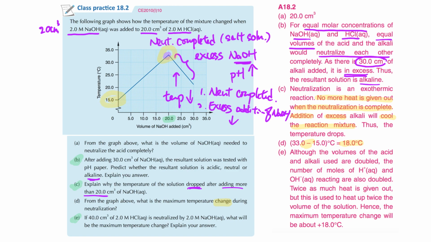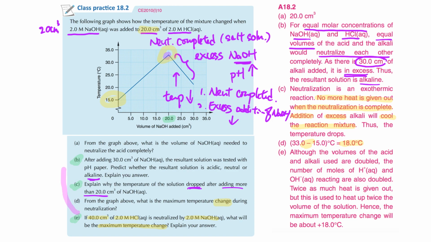Part E, it stated that if we have 40 cm3 2M HCl neutralized by 2M NaOH, what will be the maximum temperature change? Just like the previous one, in this case we have increased volume of HCl. Can you see that?